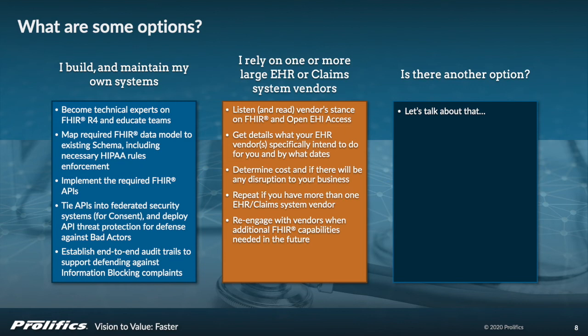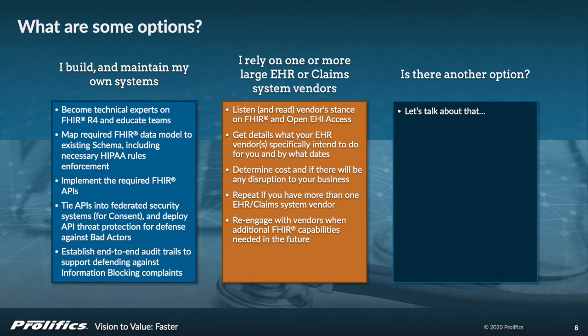You're going to be a business who builds and maintains your own systems, in which case your technical experts now have to become FHIR experts, read through the mandates, figure out which of the 140 plus FHIR APIs you need to implement, figure out which of the dozens of resources you need to be able to map into those APIs from your backend systems, integrate all that into your backend, and build in API security to protect against bad actors.